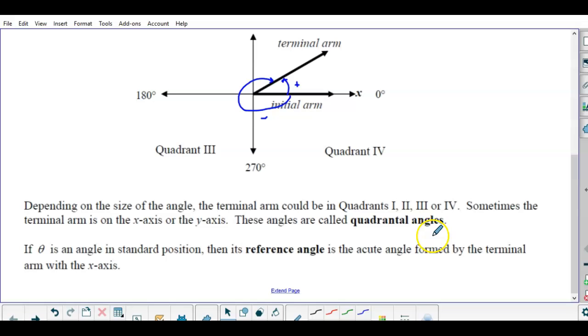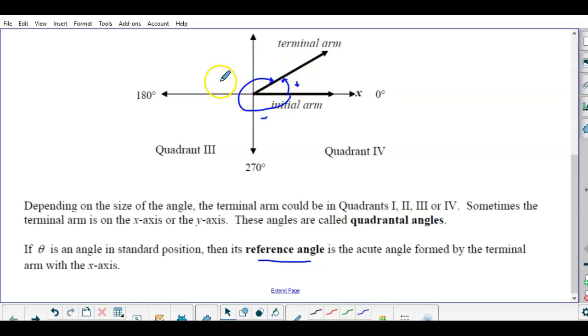If theta is an angle in standard position, then its reference angle is the acute angle formed by the terminal arm with the x-axis. So something else to learn about is this word, reference angle. It's the angle that the terminal arm makes with the x-axis. Here, it is whatever that angle is that we started with, the positive one. If we were dealing with this negative angle, the reference angle would still be the positive one.